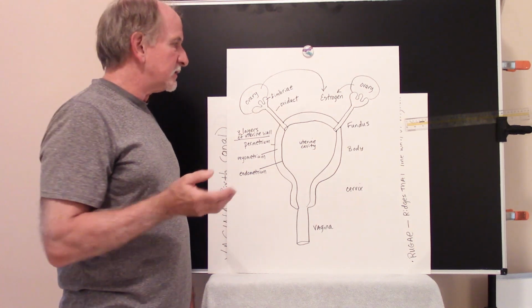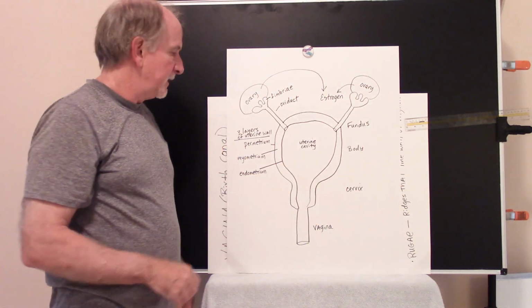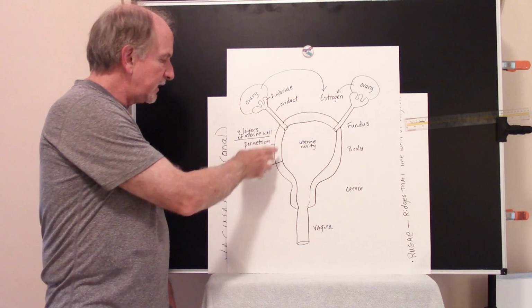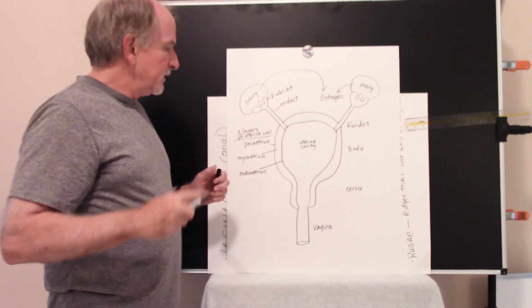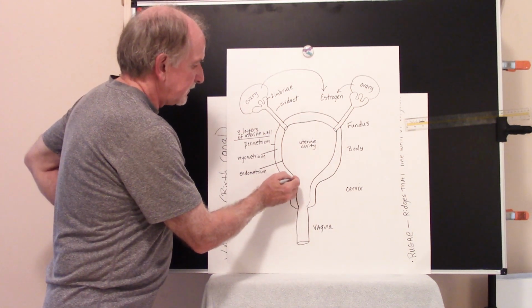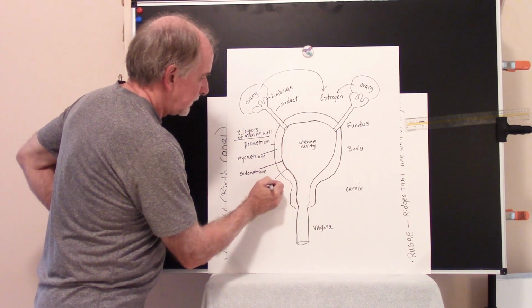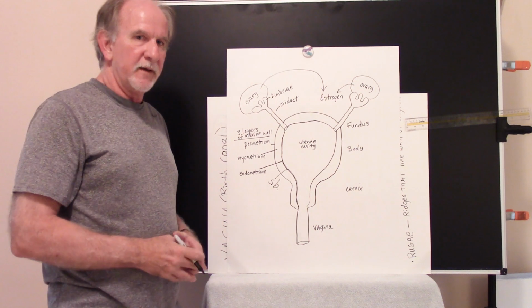The uterus has a fundus, body, and cervix. And the uterine wall consists of a perimetrium, myometrium, and endometrium. So this would be the stratum basale, which is the basal layer.